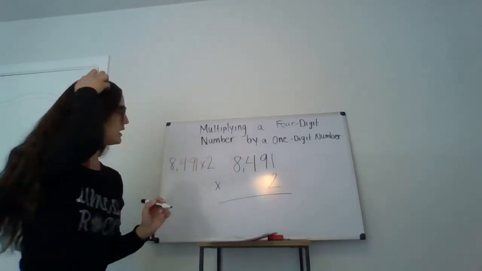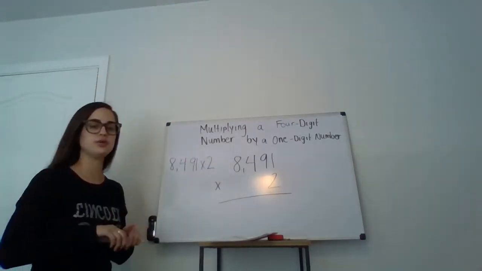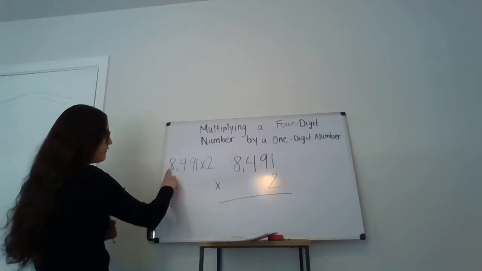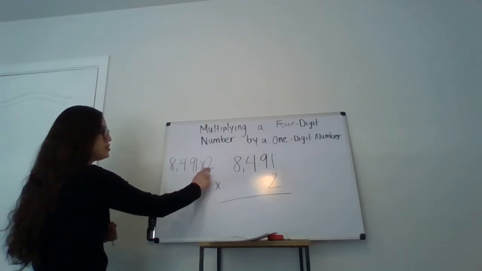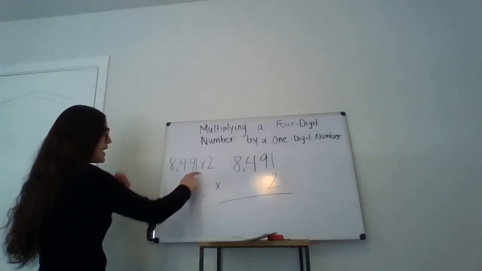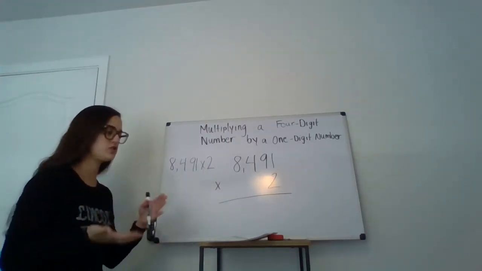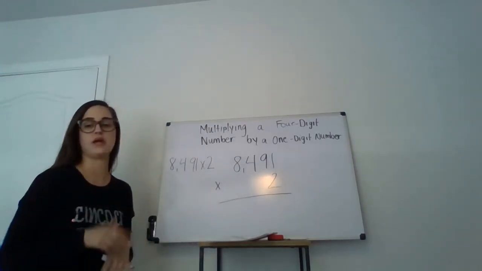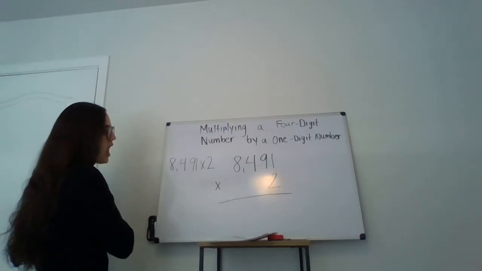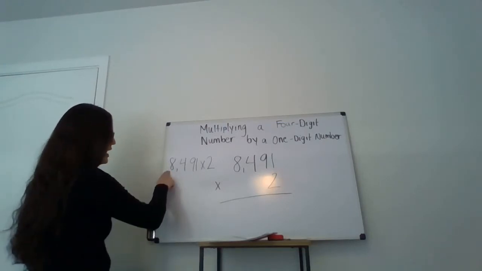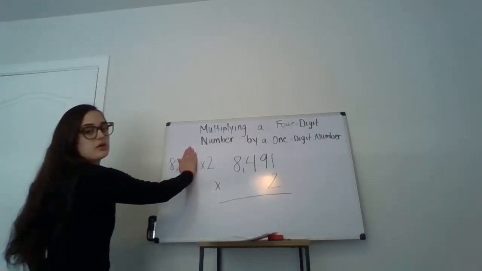Okay, and we should be able to see if this number here, the largest number 8 times 2, is going to give us anything near or in between 18,000 and 32,000. So without me even solving this whole problem, I am going to do 8 times 2. I'm going to pretend all the other numbers are covered.